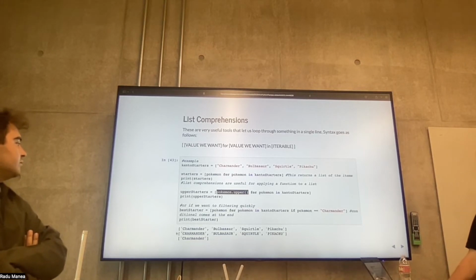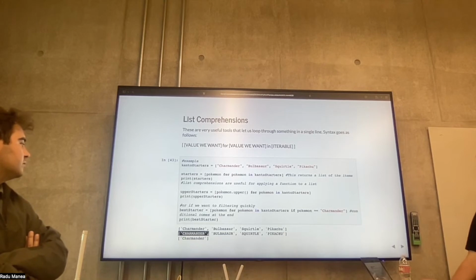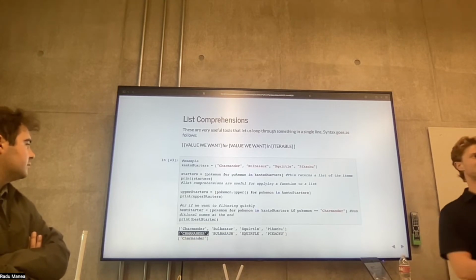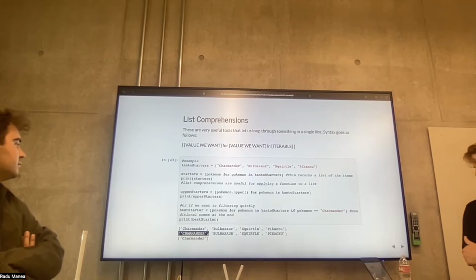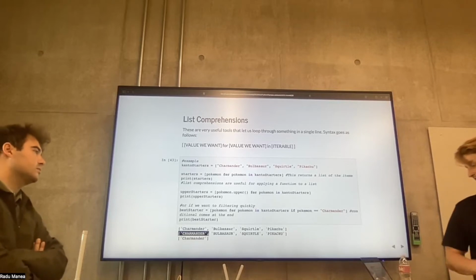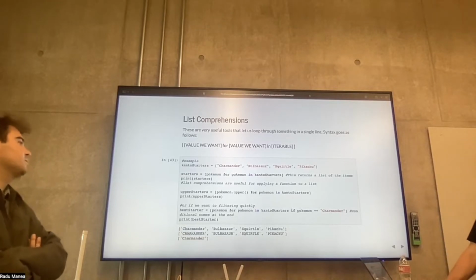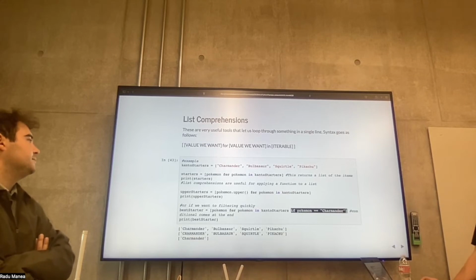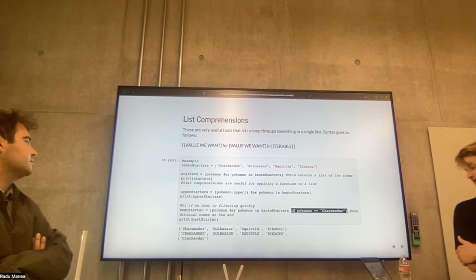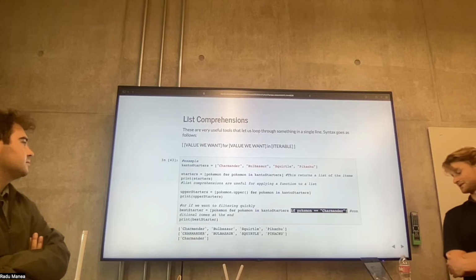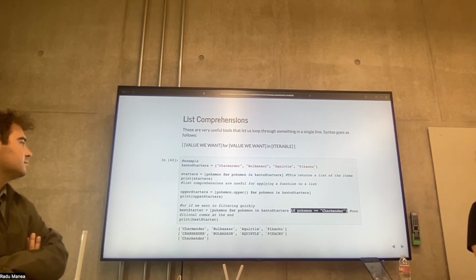So now we have all uppercase Pokemon names. Finally, if we want to combine our if statements into there, the if statements go at the end. For example, if we only wanted Charmander from this list, we could do if Pokemon is equal to Charmander. And then the only Pokemon that gets returned is Charmander.